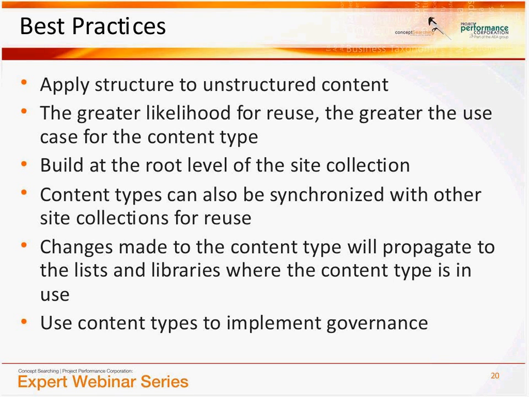The greater likelihood for reuse of your content type, the greater the use case. So as you think through what would be a good content type, think through how often we are going to reuse this. Who uses this? How common is this? Is this too specific? Is this too generic to be a content type? The greater the likelihood of its reuse, the greater the use case for it to be a content type.